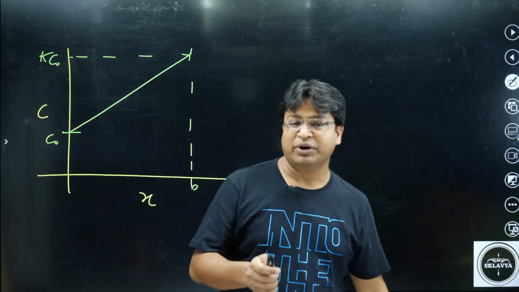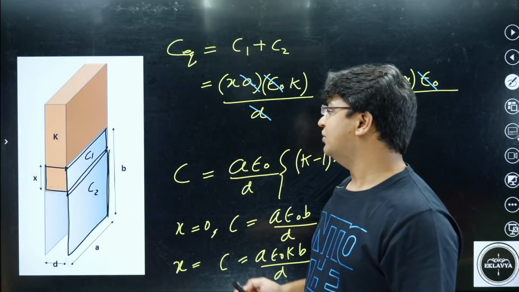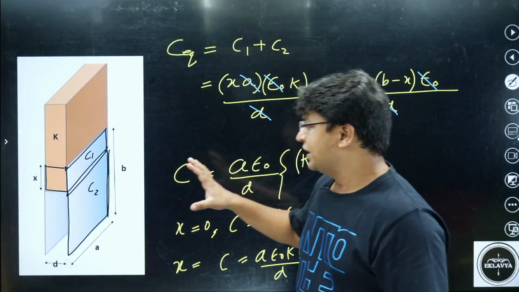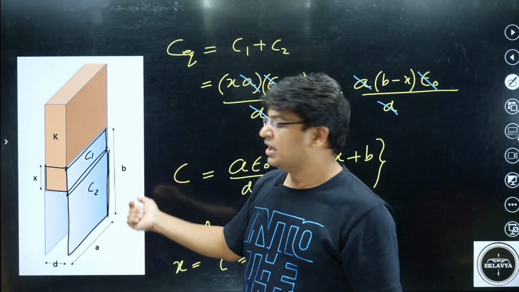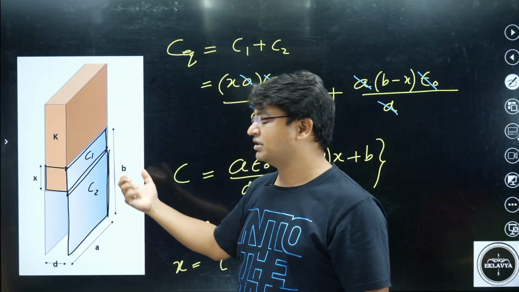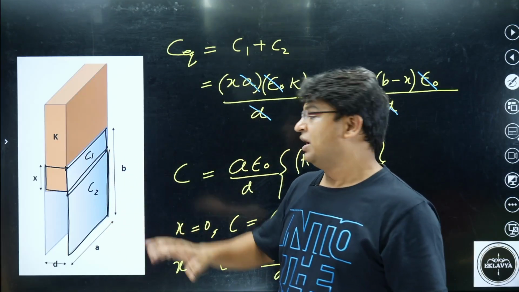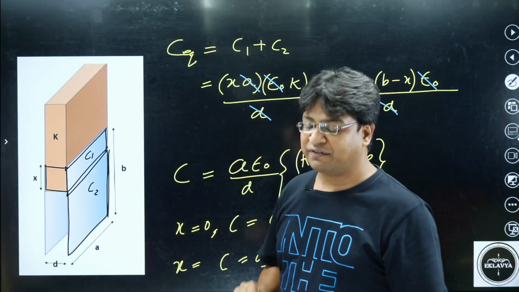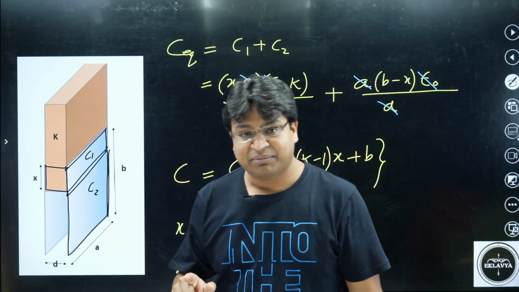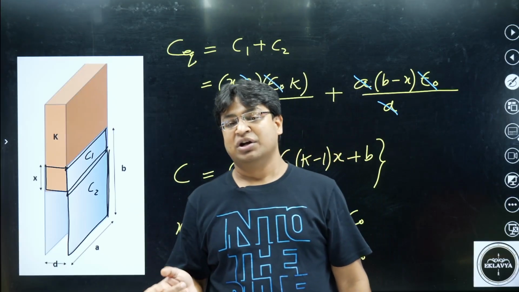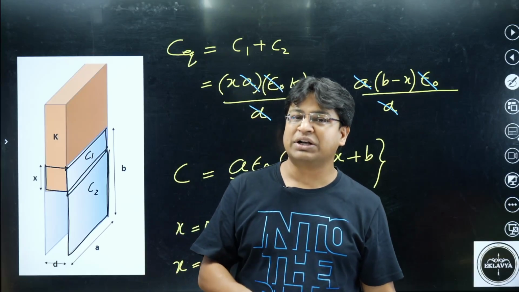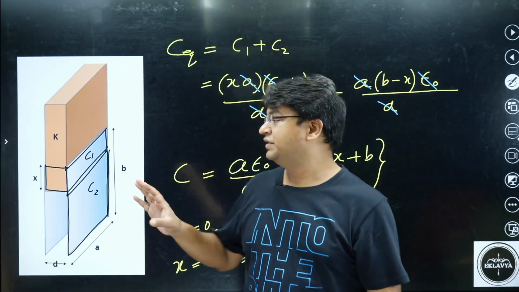Now guys, there is one very important aspect to keep in mind right now. Let me come back to the figure. Capacitance of a capacitor is a property of the geometry and the material, the dielectric that we have put between the capacitor plates. It is not dependent on whether we have connected the battery or not, whether the capacitor was previously charged or not. So these factors do not affect the capacitance of the assembly.